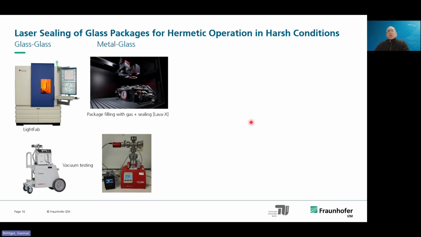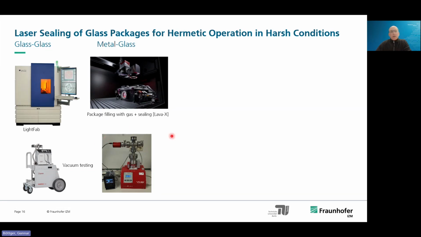Of course, you also want to seal packages, and this is where glass is also very advantageous. You can either directly seal glass and glass, or you can use some metal coatings, metal lines to have some metal glass interfaces. We do vacuum testing of these packages.